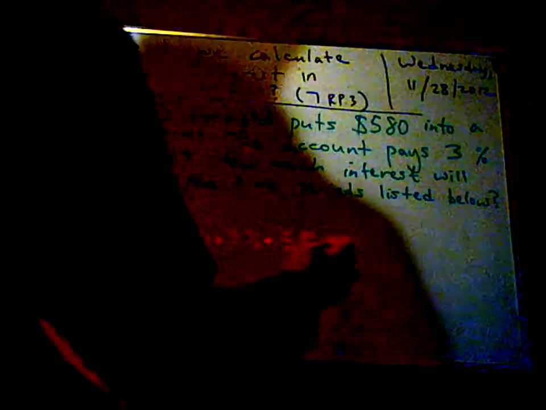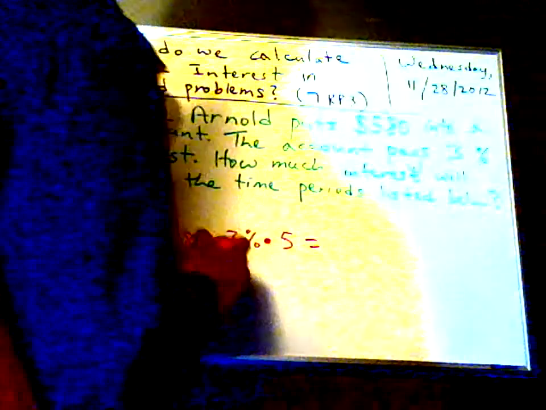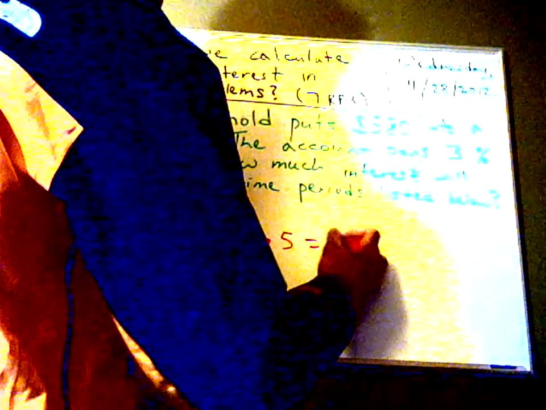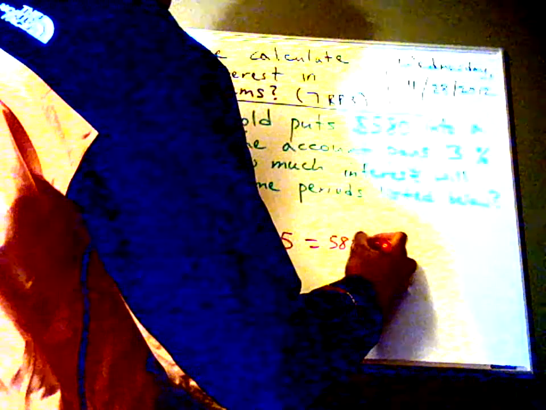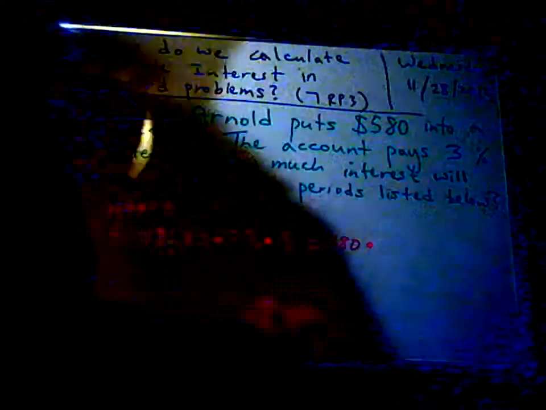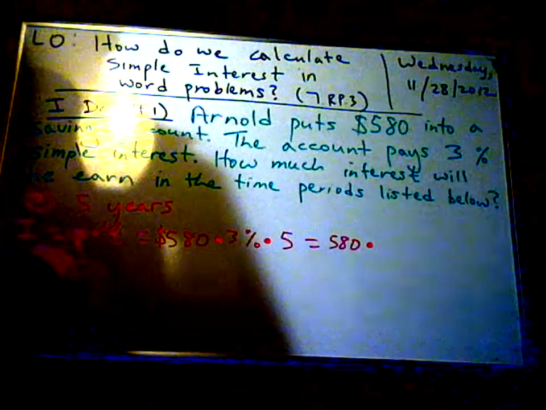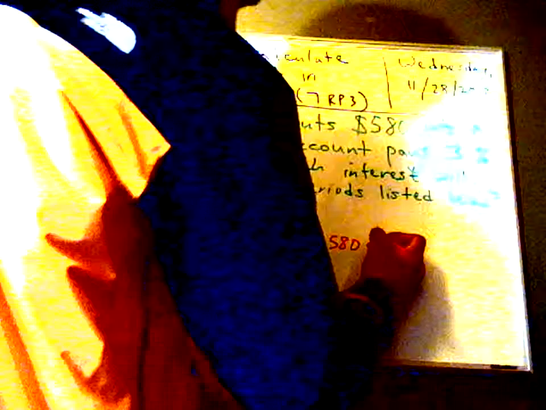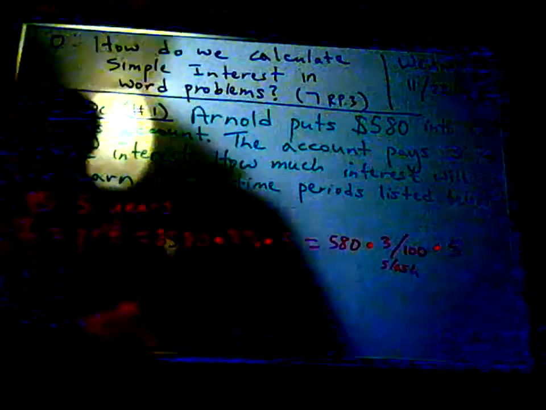And when you multiply this, you're going to multiply 580 times, you can do it on your calculator if you want. Here's how I would do it. I would do 580 times 3/100, or you can use a decimal, multiplied by 5.